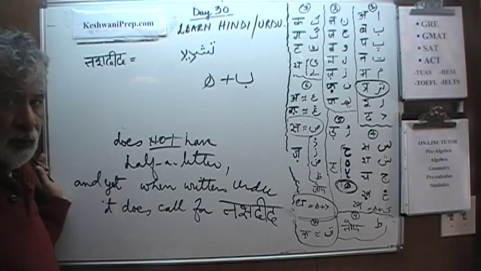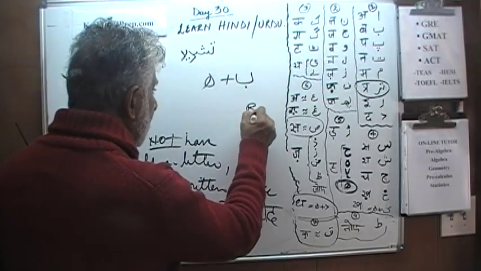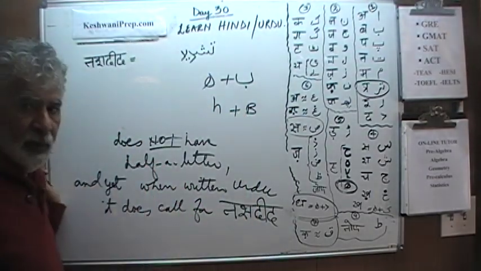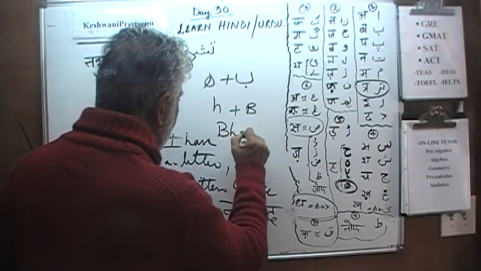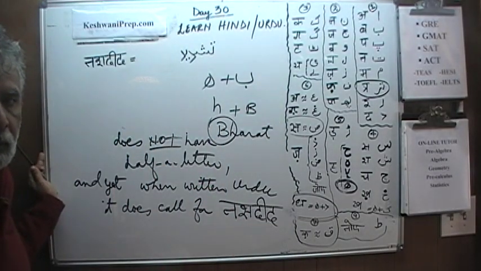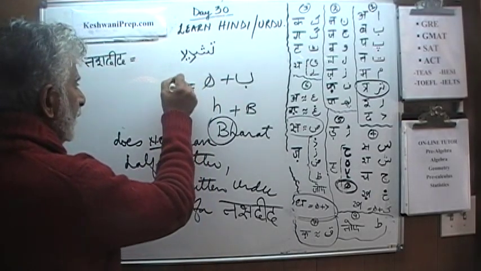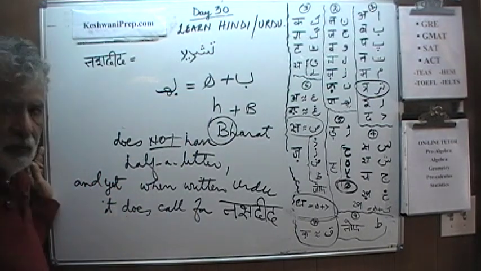We don't have a Bh in Urdu, so that's how we do Bh. Just like you would do in English, you will try B and H to make a Bh. If you want to write Bharat in English, this is how you will write it, because the English language does not have a letter for Bh. That's exactly what we do in Urdu. So B and a do chashmi hai, when we write them together, it becomes a Bh.